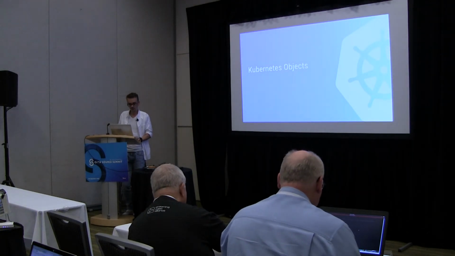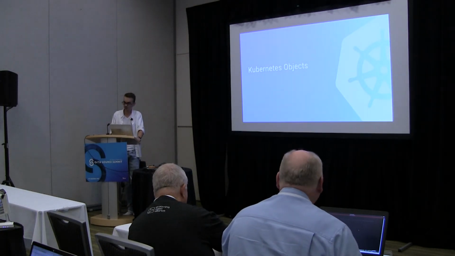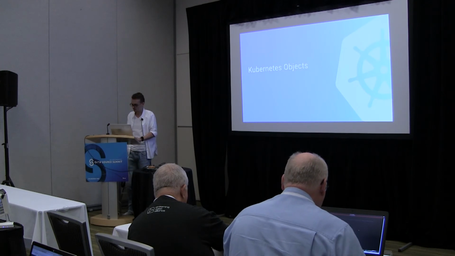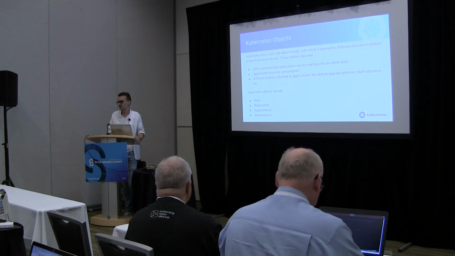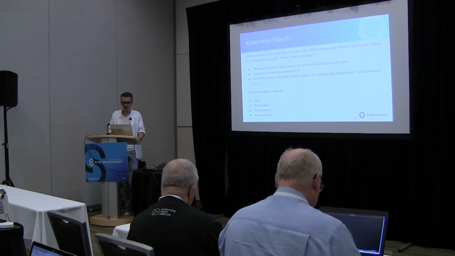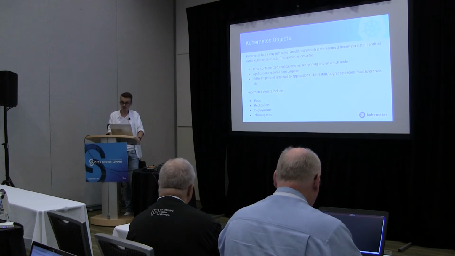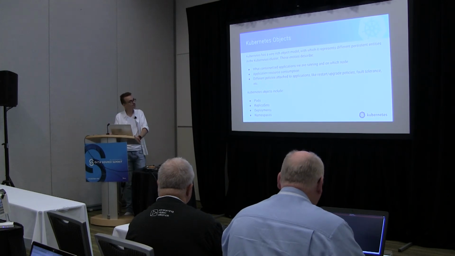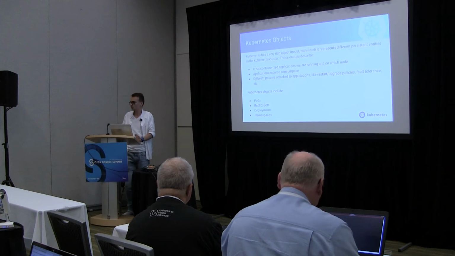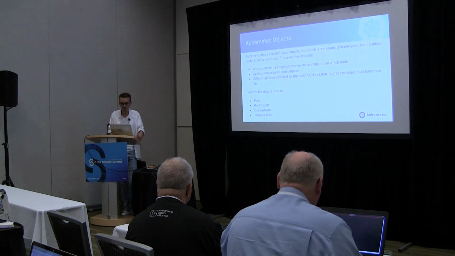Right, so let's move on with the Kubernetes objects. What are the major parts and major pieces of Kubernetes? Kubernetes has an object-oriented model, and all the components and pieces of Kubernetes are actually objects. These object entities describe what containerized applications we are running, on which node, and where exactly we are running them.